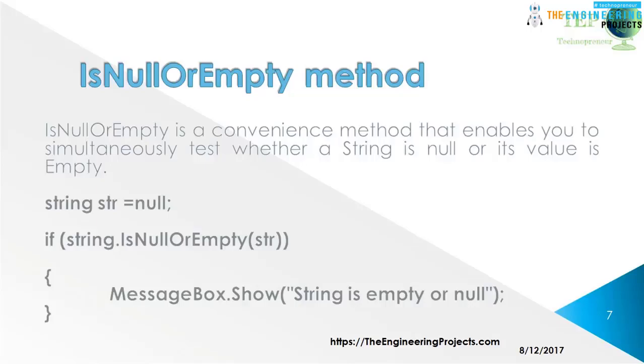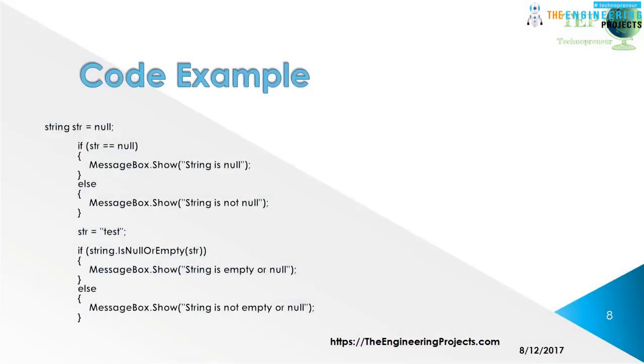Next we move on to the code, where we take a variable of string type str which is equal to null and use a check statement. If string str variable is equal to null, then the message will pop up and show string is null, else the message will pop up and give the answer as string is not null.